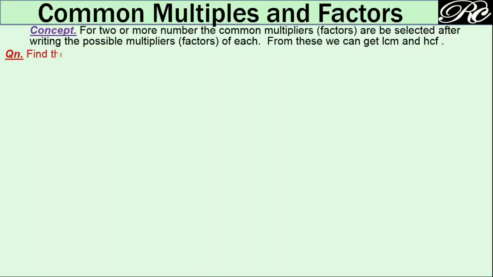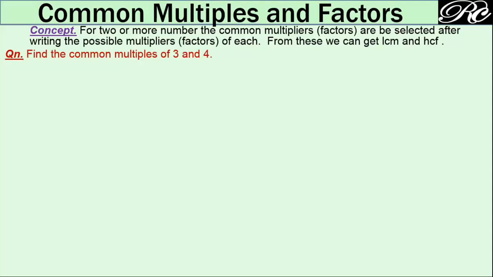Now another concept related to multiples and factors is the common multiple and common factor. This concept arises for 2 or more numbers taken together. For 2 or more numbers, the common multiple or factor is selected after writing the possible multiples or factors of each.